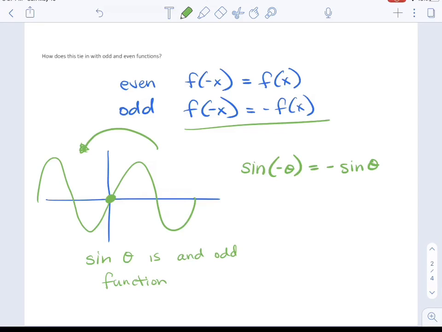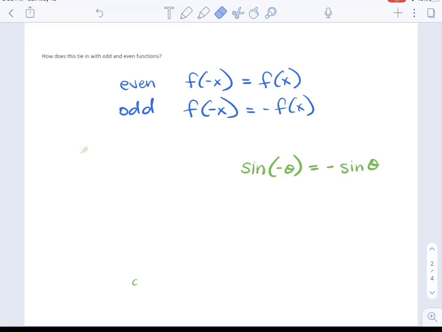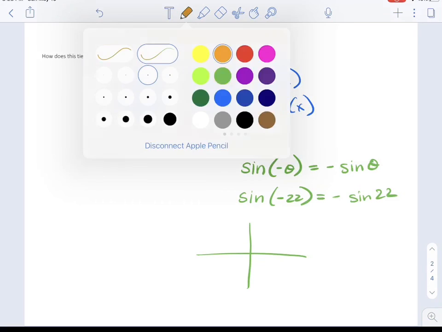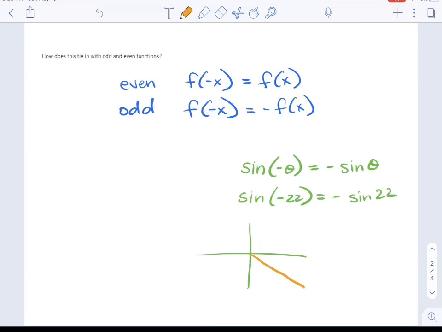Now, are those equal to each other? Well, I can put those into my calculator and try for some values. I'm going to take this off here for a sec. I can put in my calculator sine of negative 22, and I should get negative sine 22. I don't even need to put that in my calculator to check it, because sine of negative 22 means a negative angle, which tells me it's gone clockwise 22 degrees.